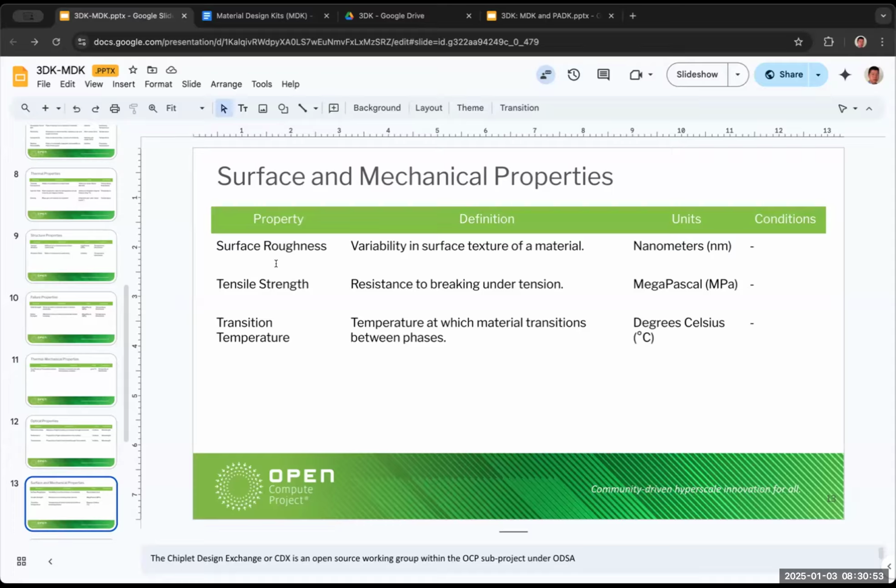Then you have tensile strength, which is how resistant the material is to cracking under tension. And then you have transition temperature, the temperature at which a material tends to change between different phases, like the glass transition temperature.